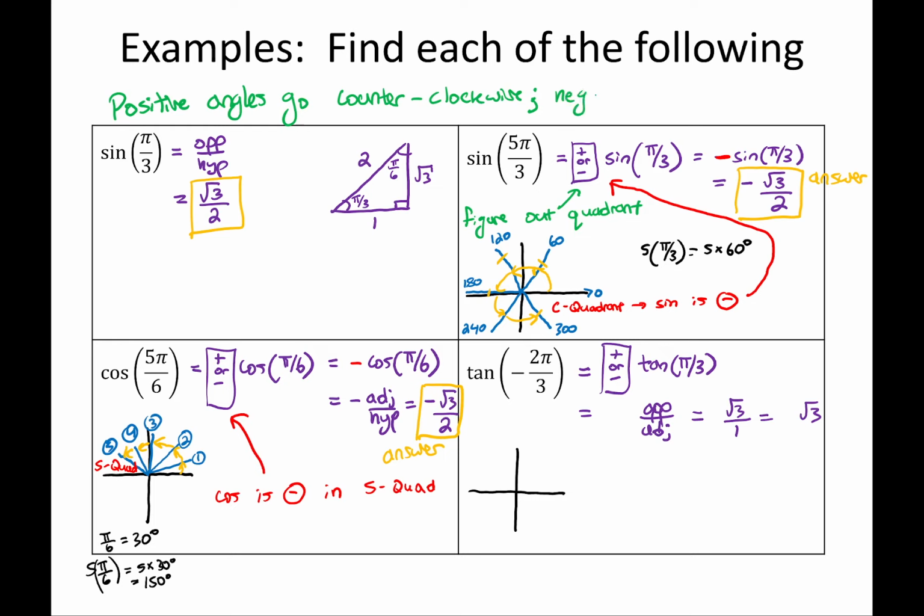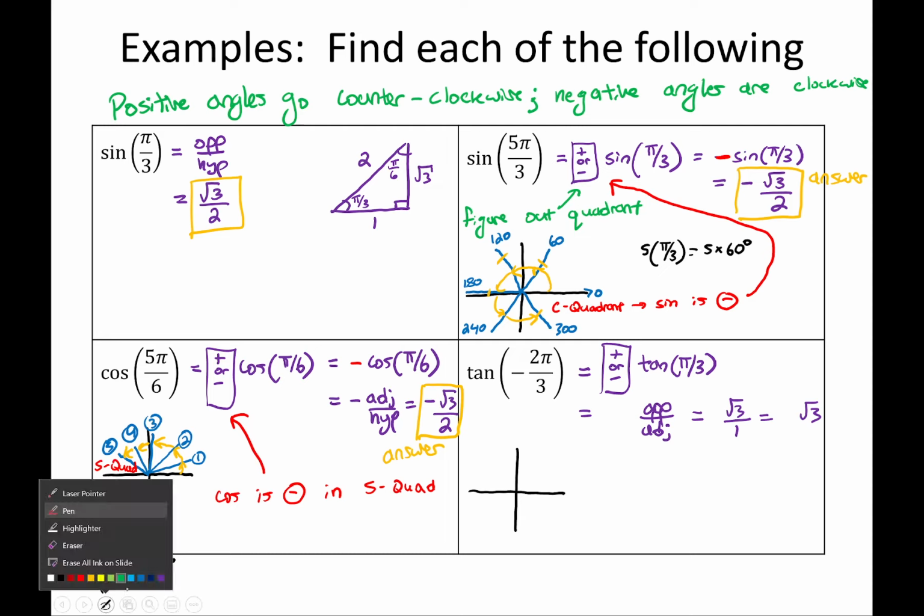Negative angles are clockwise. So we have to go not up and to the left as we rotate our angle. We want to go down.